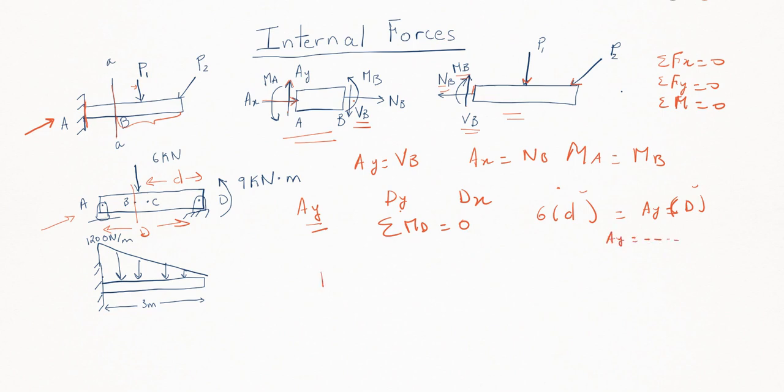So now if we do the same cut as we did before, we have AY here. Now this is B. So what reaction are we going to have there?